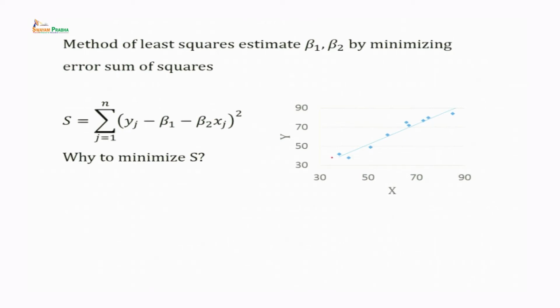And suppose this is your fitted line. Say you consider this point, this is your y j, and beta 1 plus beta 2 x j is actually this point, means this point is x j y j.